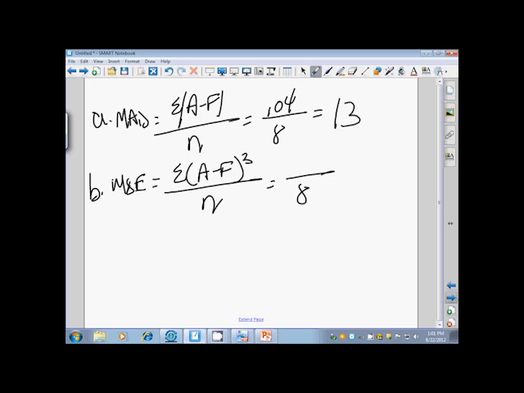And again, we're going to take the first week's actual demand, 136 minus 150, and square that number. Negative 14 squared is 196. Go down through the weeks, add them all up together, and I get 1824. And if I divide that by 8, I get 228.